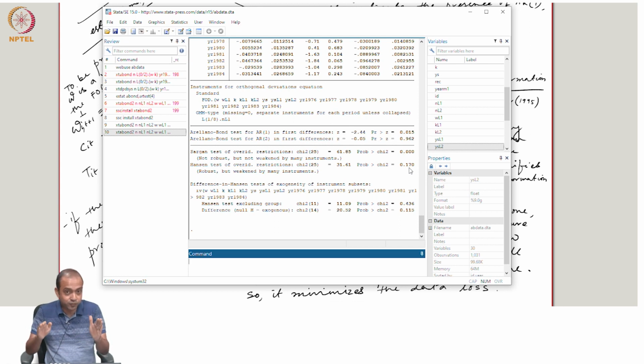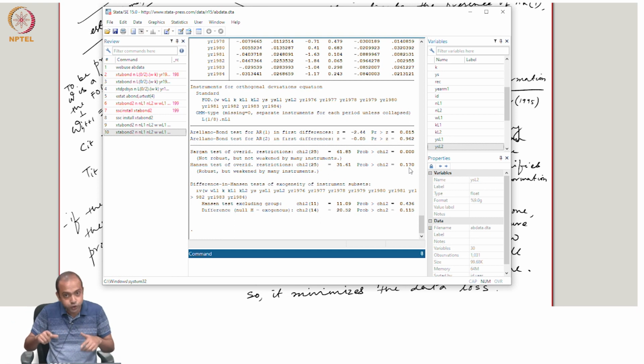So, with this we would like to close our discussion. What we have mainly discussed in today's class is the importance of the xtabond2 command, how the xtabond2 command can automatically estimate the model with the two post estimation checkups, presence of higher order autocorrelation and over identifying restrictions, all of them readily available. We do not have to put any specific command for those.